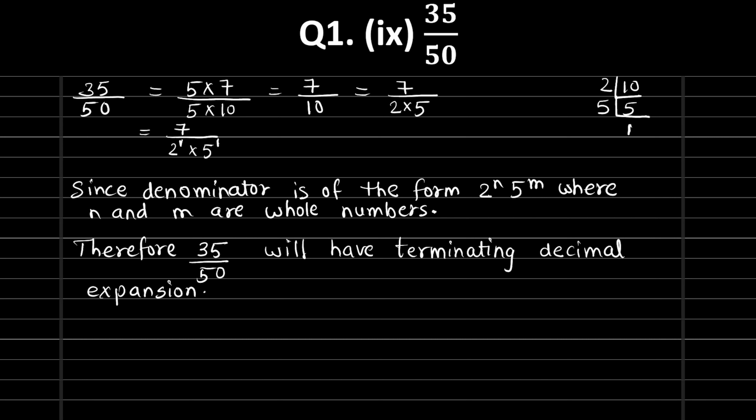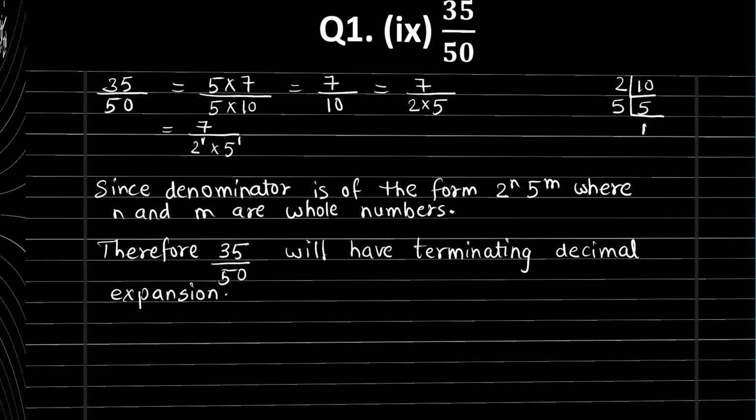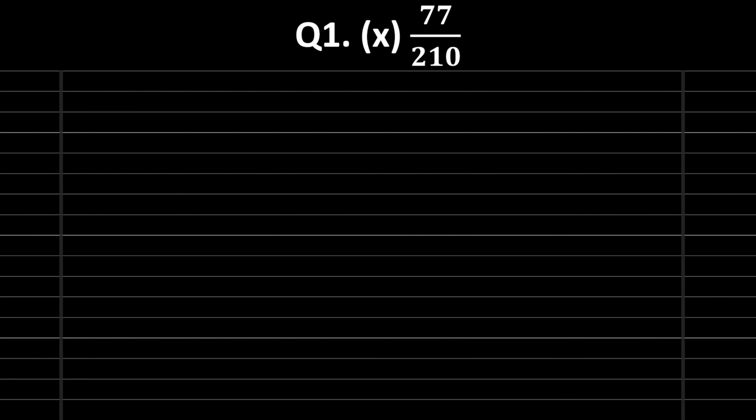So therefore 35 upon 50 will definitely have a terminating decimal expansion. Now we are at the 10th subpart of question number 1.